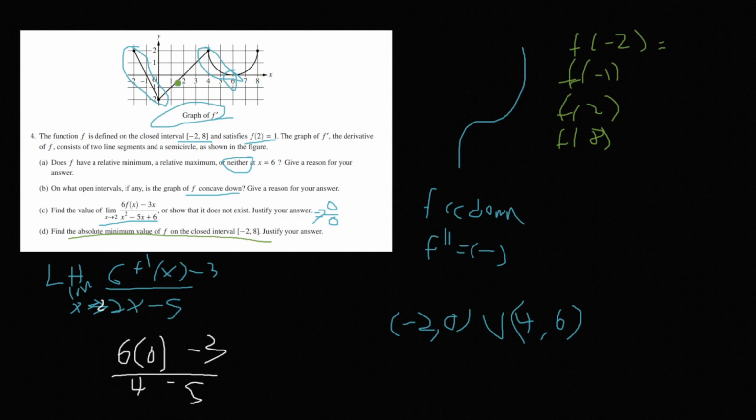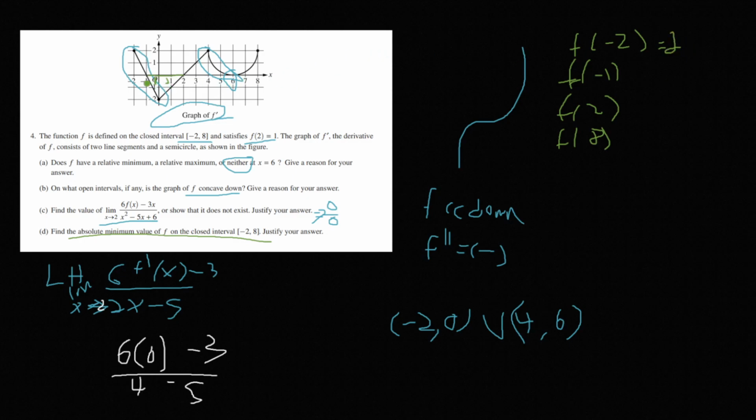So at -2, we're just going to add these areas up. Where does it start? F of 2. So this is negative, so we're going to add 1, 2, 1. So that's 3. And then we're going to subtract that. So this is just going to be 2.